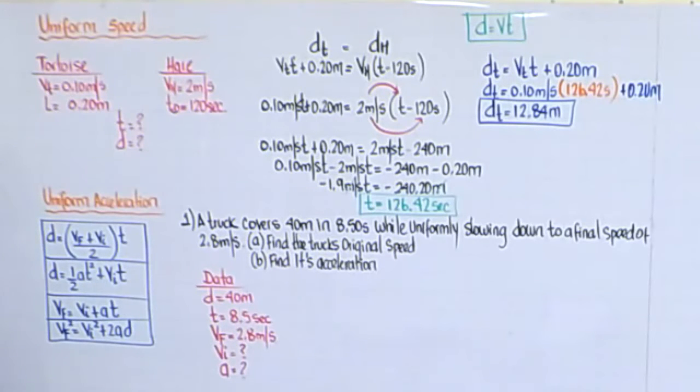In this situation, we have distance, we have time, we have final velocity, and we are looking for initial velocity and acceleration. Obviously, we have to find one data, and after that, another one. So guys, we have 4 formulas.